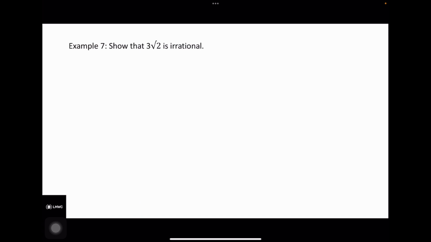So again here, 3 root 2, you have to show it is irrational. So let's start. Let 3 root 2 be rational. Then 3 root 2 can be expressed as a by b, where a and b are integers and a and b are co-prime as well.